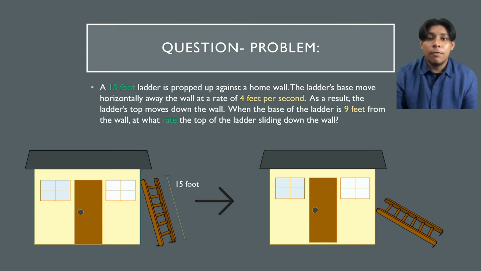The bottom of the ladder moves forward at the rate of 4 feet per second. Then, the distance between the wall and the bottom of the ladder is 9 feet. The question is, at what rate is the top of the ladder sliding down the wall?